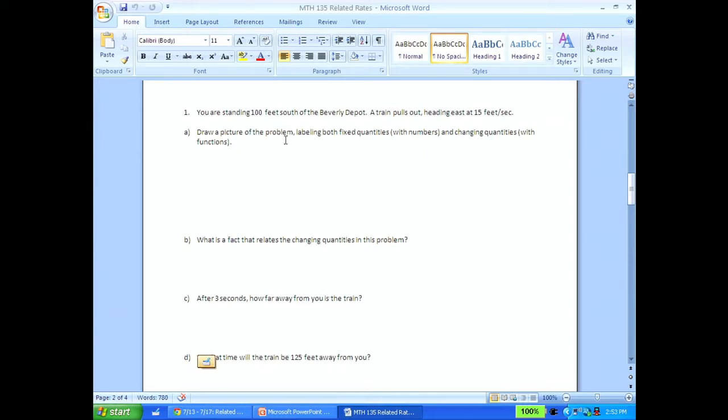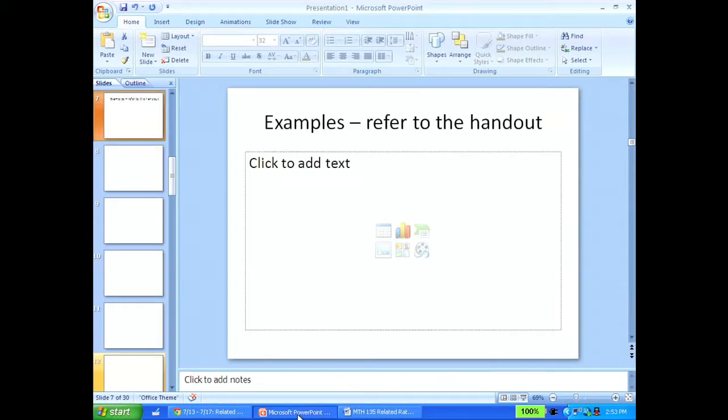Let me go slow here and do step one of my process, which is to draw a picture, and I'm going to label both the fixed quantities, things that don't change, and the things that do change. The things that do change I'm going to label with functions. The things that don't change, I'm going to label with numbers. So, things that don't change, say how much it is and be done with it. Okay. So let me go over to the slide so I can write this in.